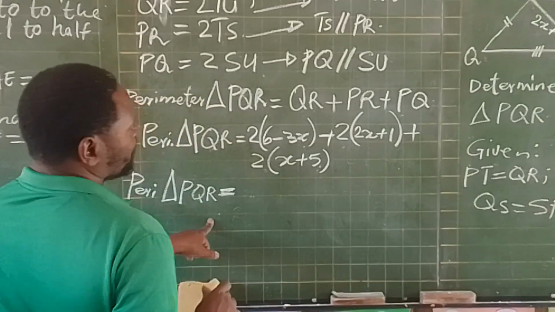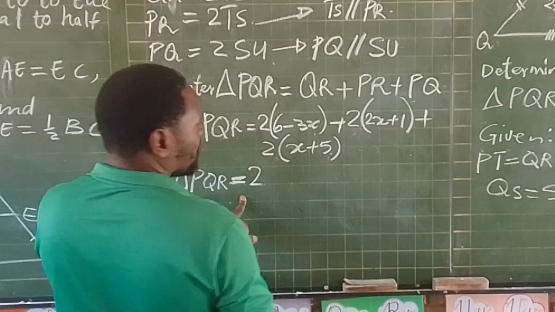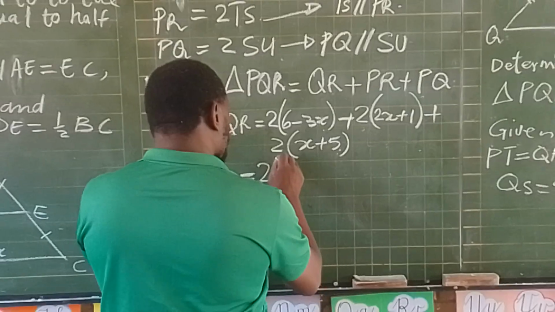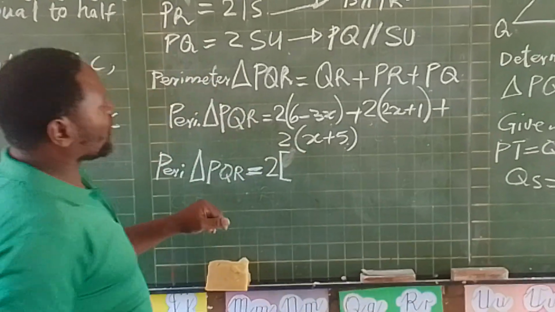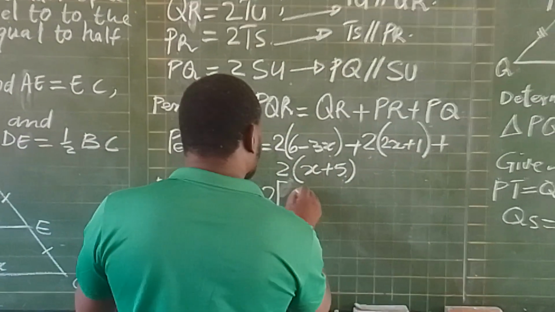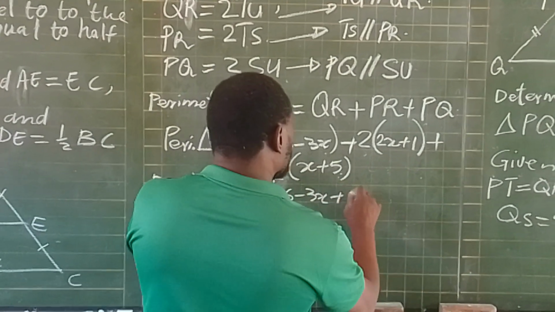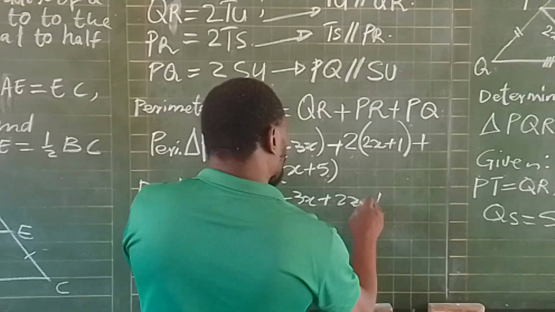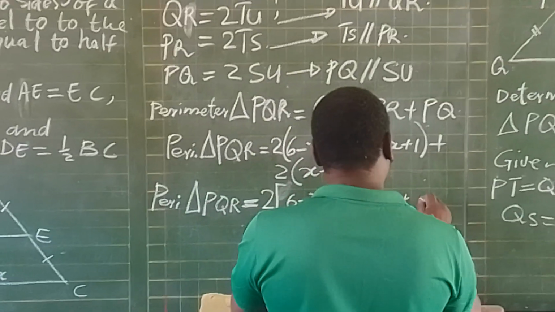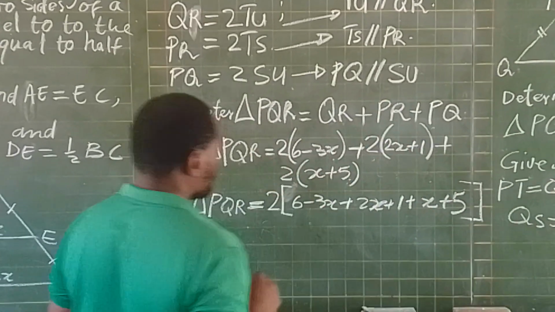Rather, let's take 2 as a common factor. We avoid working too much. You have 2 as a common factor, and you are left with 6 minus 3x plus 2x plus 1 plus x plus 5.